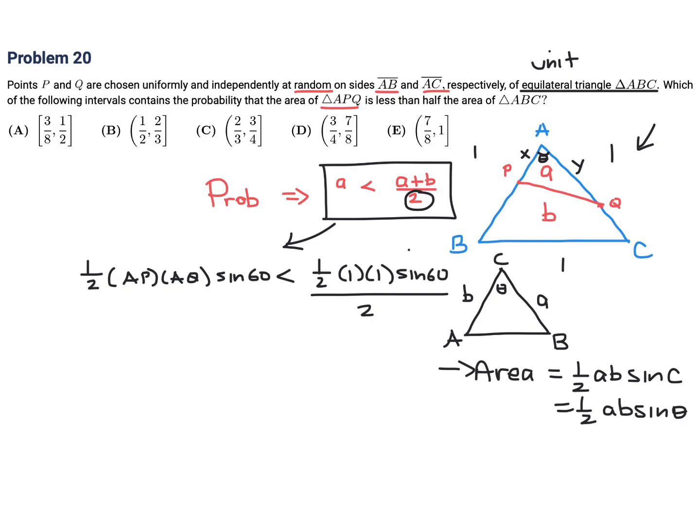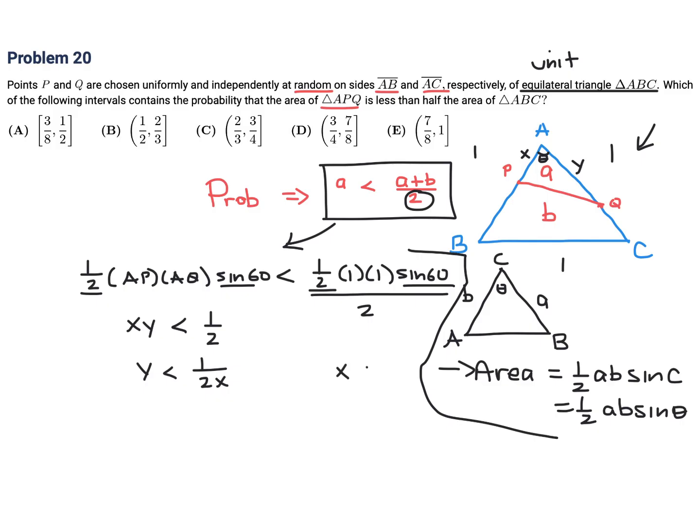Okay, now let's substitute in our x and y, so that's going to be x y sine of 60. Well, the sine of 60 is on both sides, so that cancels out, so do the halves, and that will just be a half. Okay, and therefore y is less than 1 over 2x.